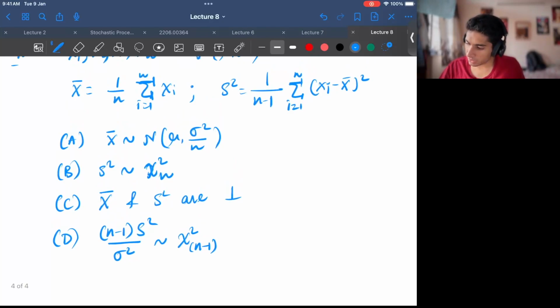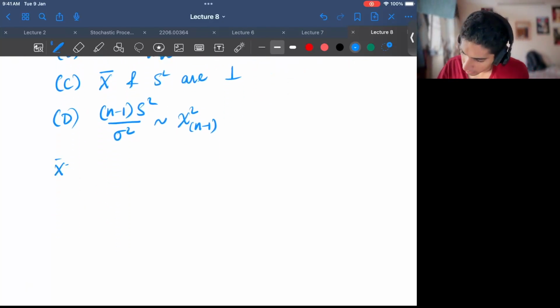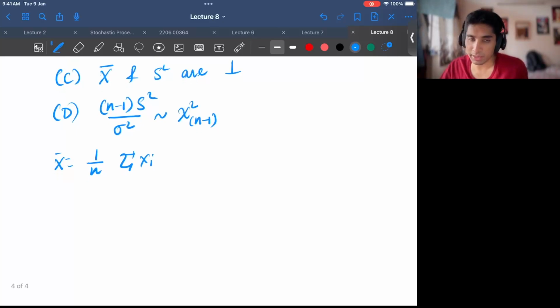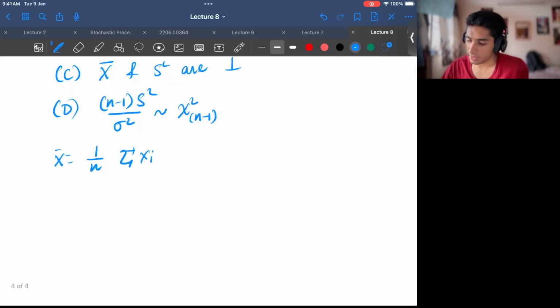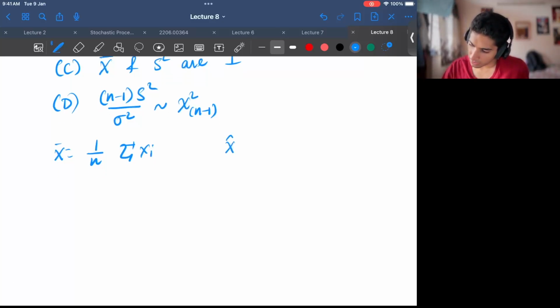Since x bar is just the summation of xi, right? This is what x bar is. Now xi are normal mu sigma square, right? So since it is an affine transformation, or just a linear combination of normal random variables, this means that x bar will follow normal distribution only, right?